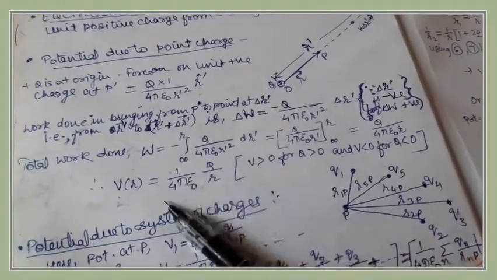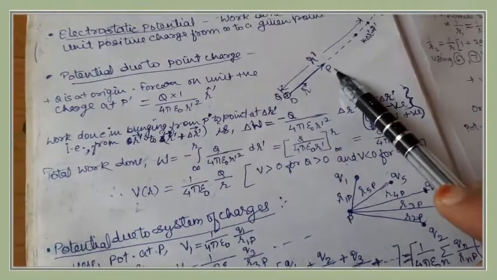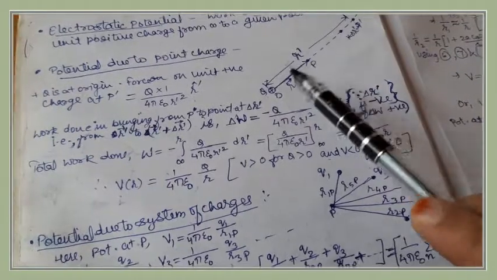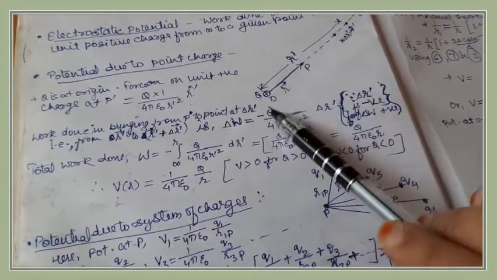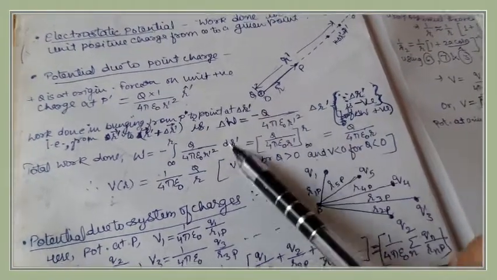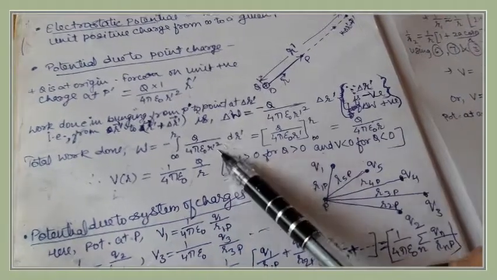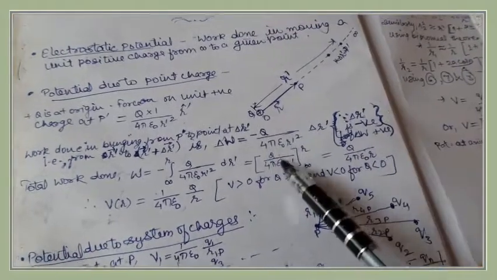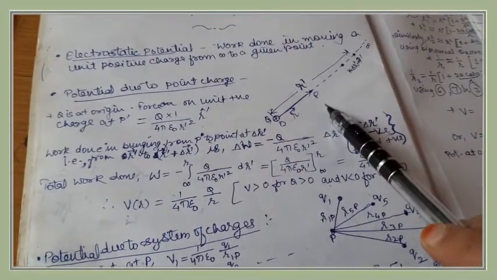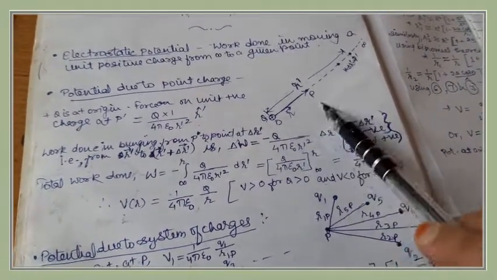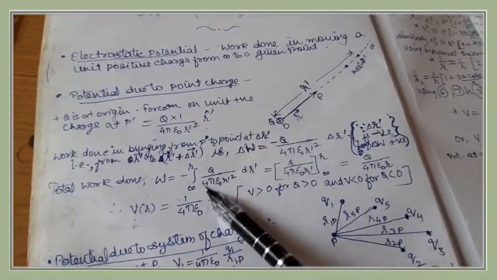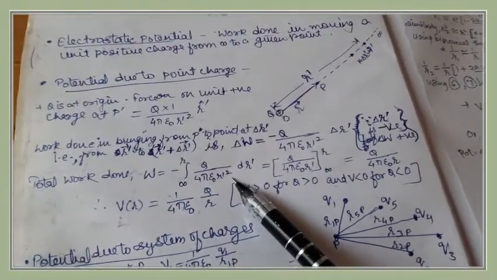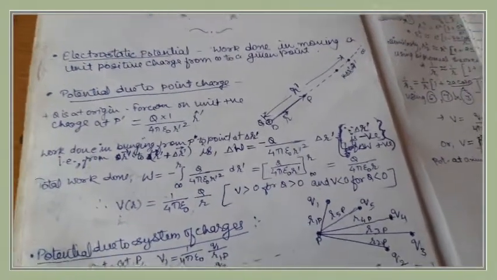If you want to move it all the way from infinity to point P, which is situated at a distance r from the origin where charge q is, then you have to integrate with respect to dr dash, because this is only for a small displacement. For the total displacement from infinity to point P, where the position of P is r, you integrate with limits from infinity to r, and you are well aware of the process of integration.